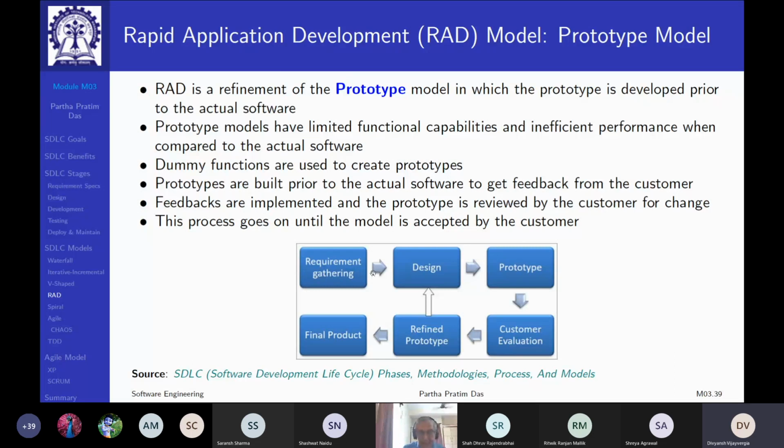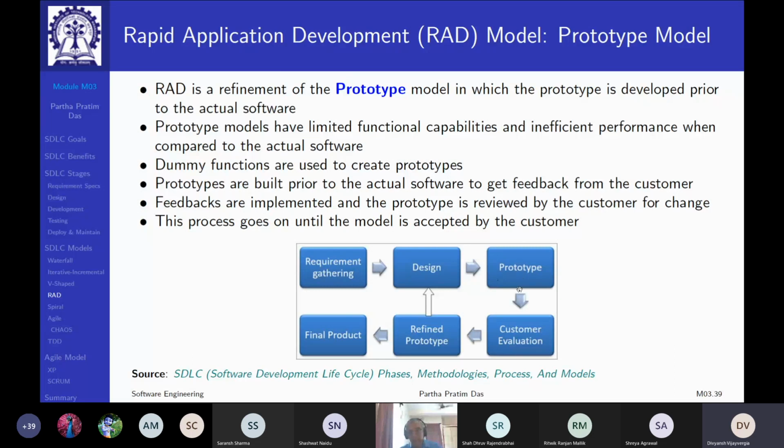So you can see the cycles here: you first gather the requirements, which has to be an independent activity. Then do a design for the first prototype. So you design and prototype. Prototype here means naturally you code for that as well as test for that.